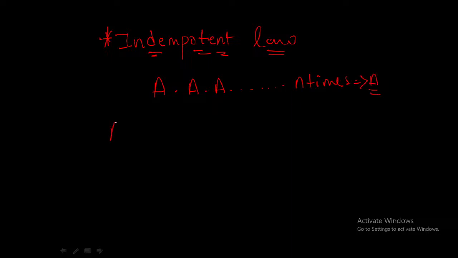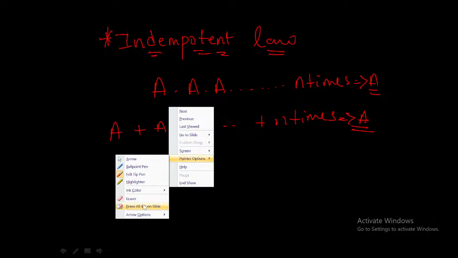And if we add this variable n times, the answer is A itself. So this is the idempotent law. Now we have one more law called absorption laws, but that is not very important.